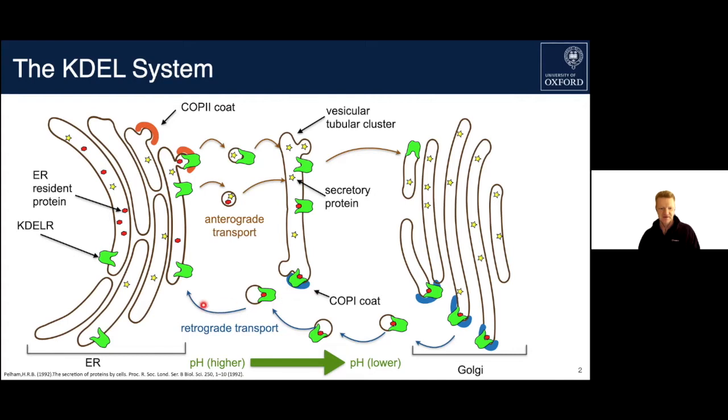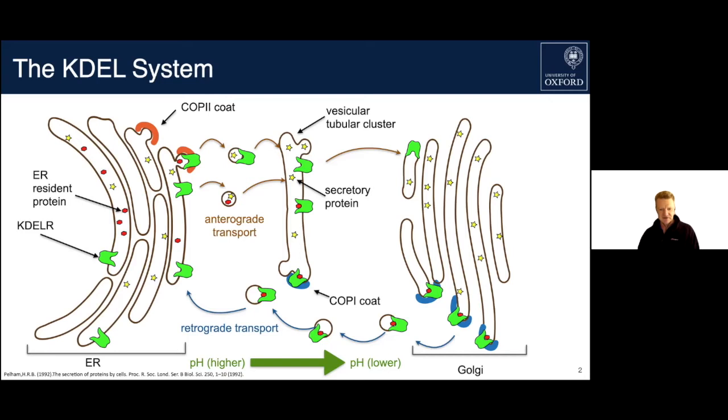Then we can begin this process of retrograde transport, where the resident proteins can be released back into the ER, and the whole cycle can begin again. We don't really understand too much about the molecular details of some of these processes, and we're just trying to understand some of them now.